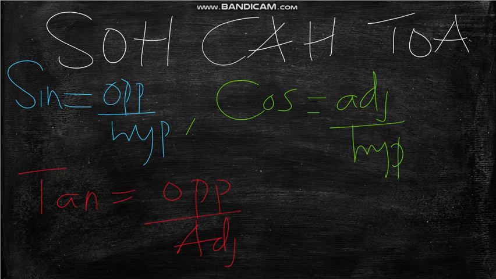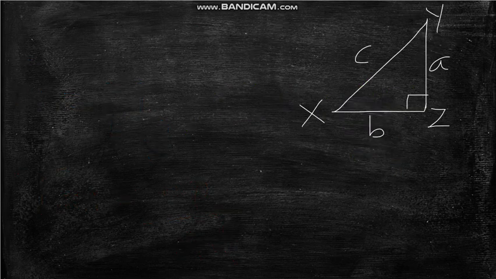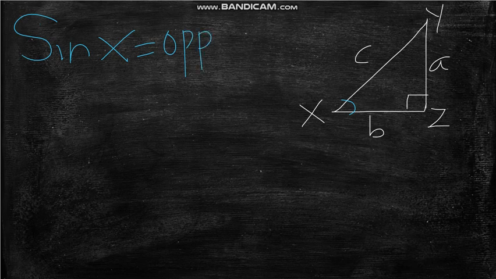Now let's consider the right angle triangle that we discussed earlier. If we are to find sine of any given angle, let's start with x. For sine x, we know that sine is opposite over hypotenuse. So what is the opposite based on angle x?